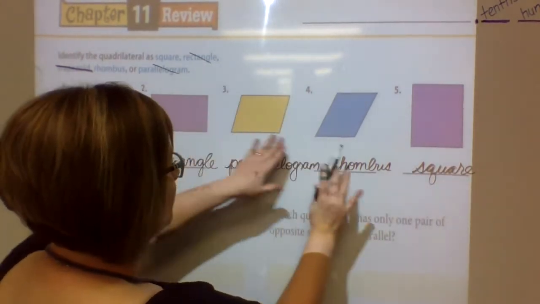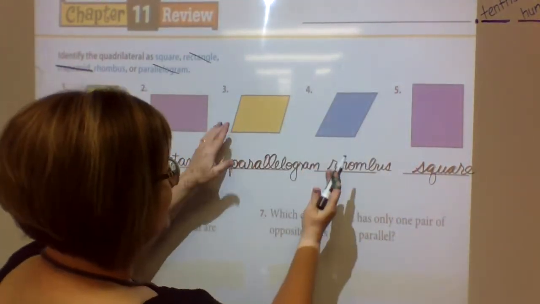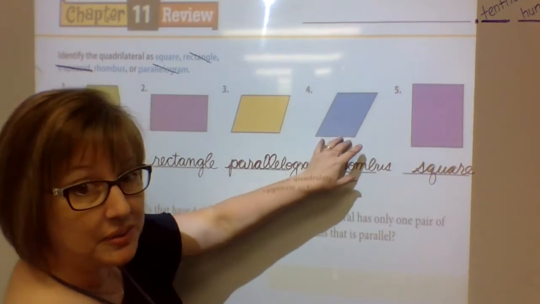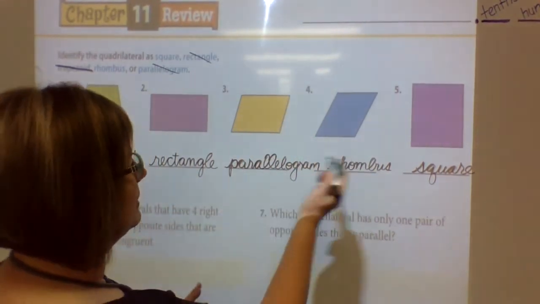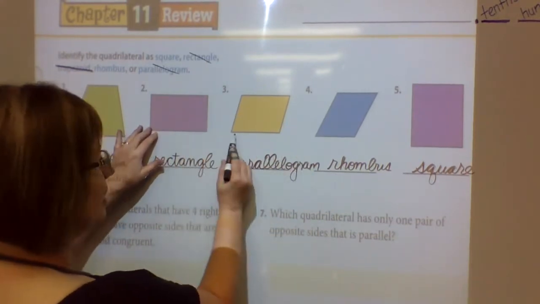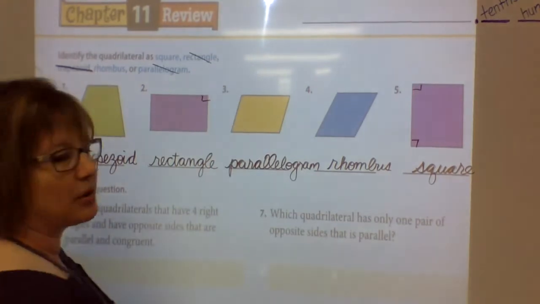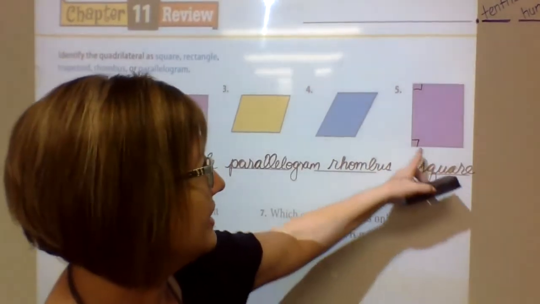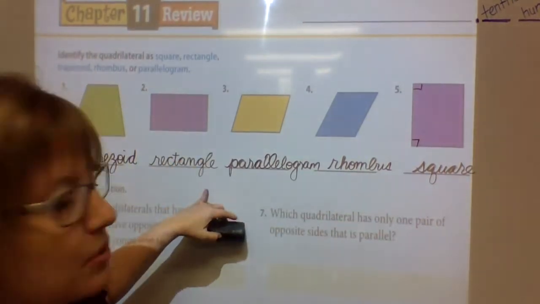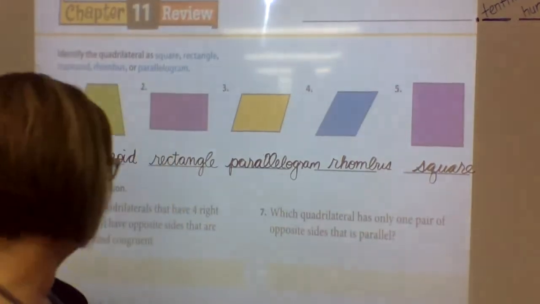These are the ones with the wonky sides. They are parallelograms, because they have two pairs of parallel lines, but they're not square corners. These have square corners and these have square corners. That's the difference between those. Square has square corners, rectangle has square corners, right angles. These two do not.